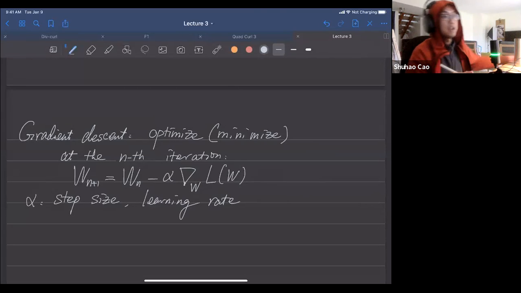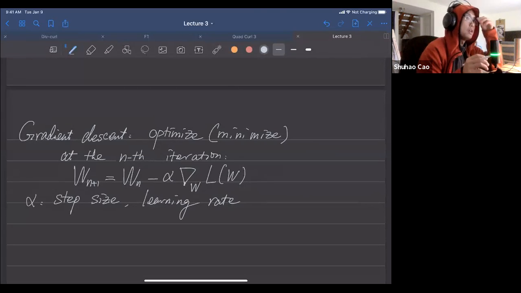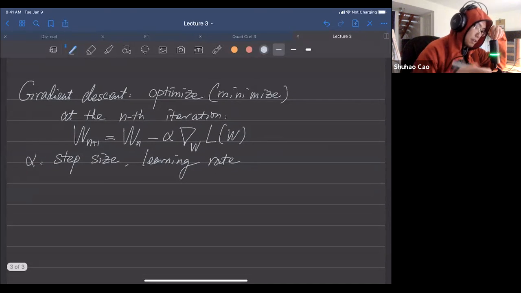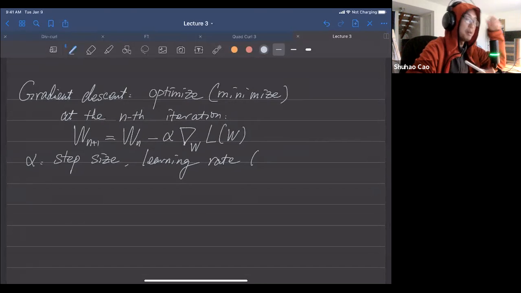If you read PyTorch's documentation, it tells us this is the learning rate. But in the context of optimization, for example in our textbook, we normally call this the step size. And it's a type of what is called a hyperparameter of our model.